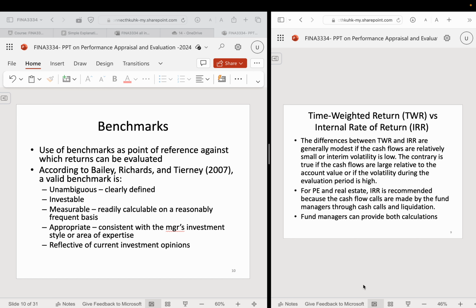For the equity, I will still take 40% MSCI World, and then put 10% in the Hang Seng Index. So this will be a bit tilted to the home bias.